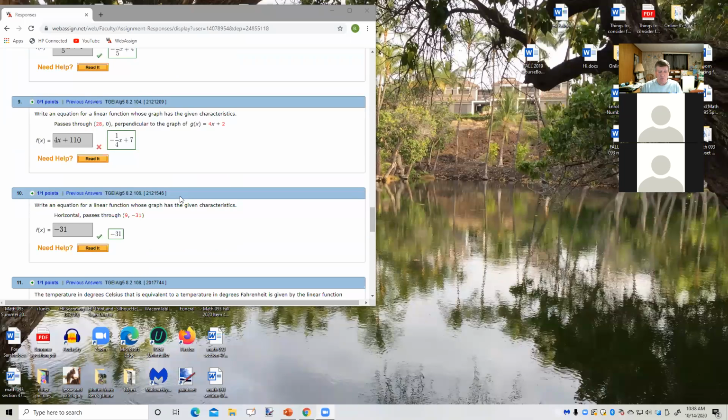It says, write an equation for a linear function whose graph has the given characteristics. It passes through the point (28, 0), and it's perpendicular to the graph of g of x equals 4x plus 2.